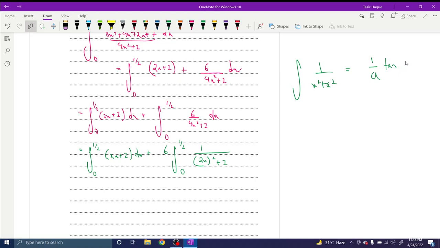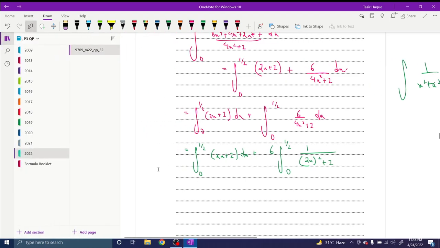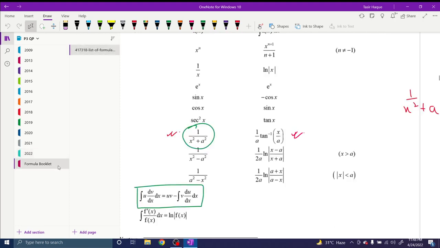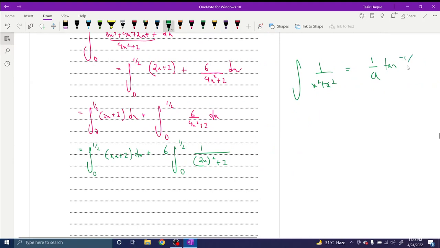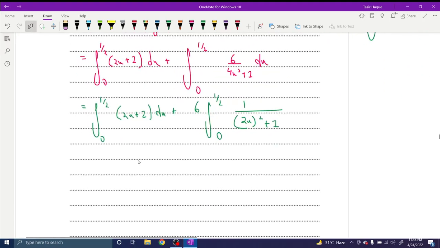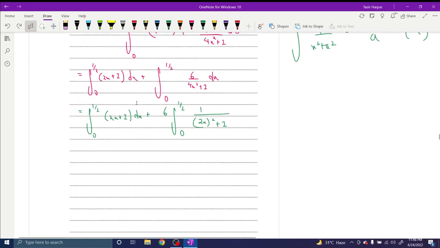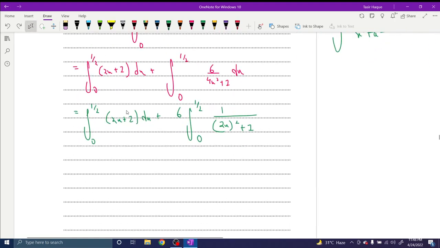One by a, right? 1 by a and tan inverse x by a. Always remember that, tan inverse x by a. This is it. So I'm going to teach you a method. So this is our x square basically. The one inside is our x square.